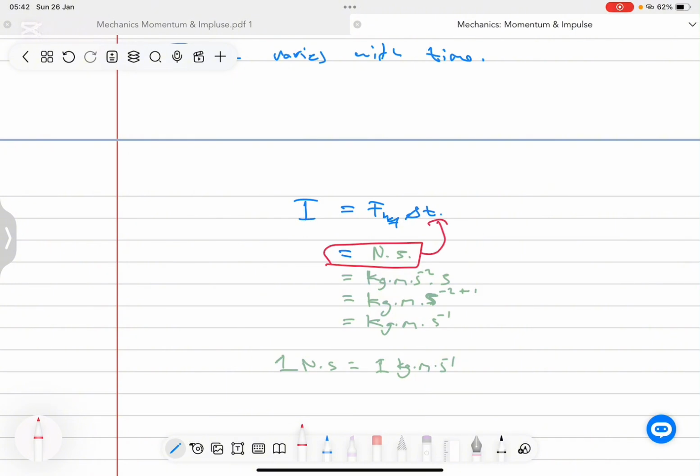Because this is the SI unit that comes directly from the formula. But now this breakdown actually comes when we simplify. We break down the newton into kilogram meters per second squared. Then we end up with a situation where we're saying impulse has 2 SI units, the newton second and the kilogram meters per second.